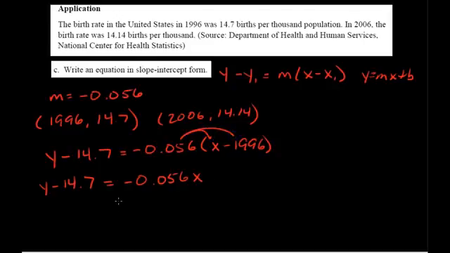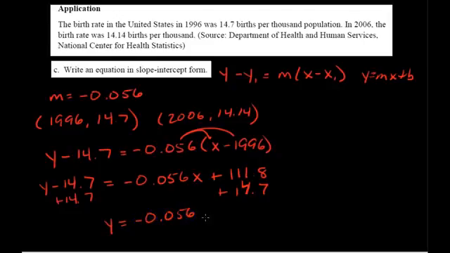Then I have to do negative 0.056 times 1996, and when I do that, I get positive 111.8, rounding. Adding 14.7 to both sides to solve for y, we get y is equal to negative 0.056x plus 126.5.